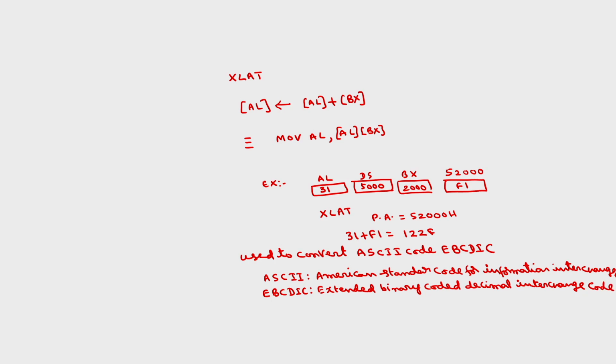Among the various codes, these two, ASCII and EBCDIC, are the famous codes.